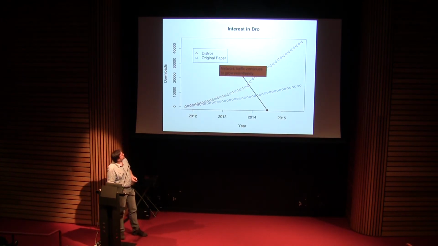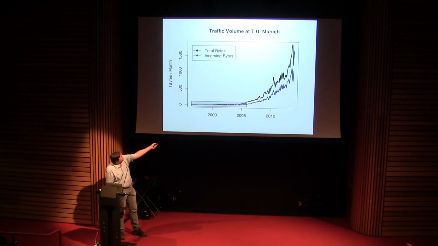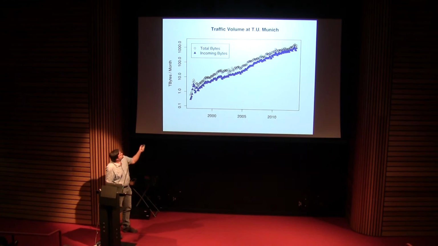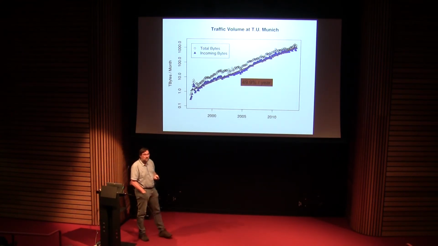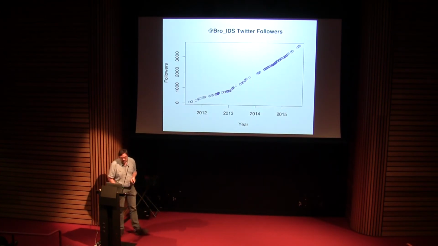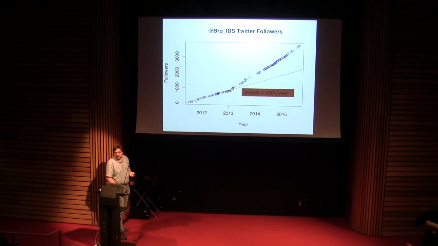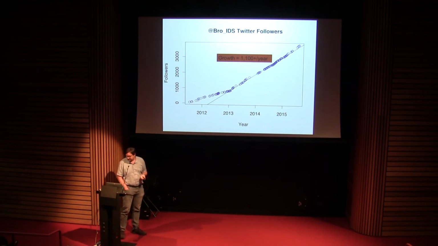Network traffic is growing like crazy, so here's the plot Robin got originally, here's the new one, that's the part that was original. This is log scaled, it's growing 50% a year, it just never stops. But what really matters for growth these days is not that, but of course Twitter followers. So the project was growing by 500 a year, then got kicked up into this 1,100 a year growth.